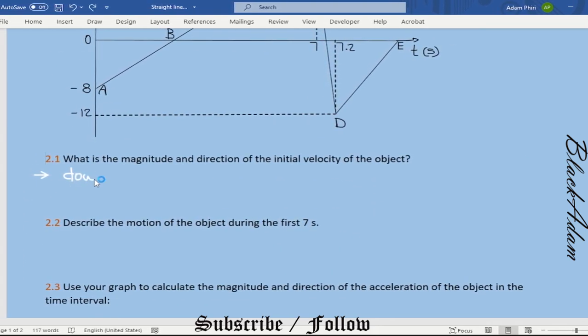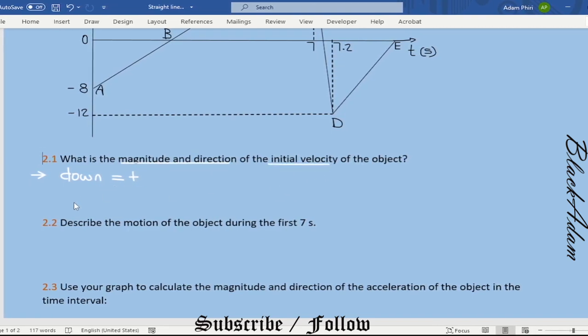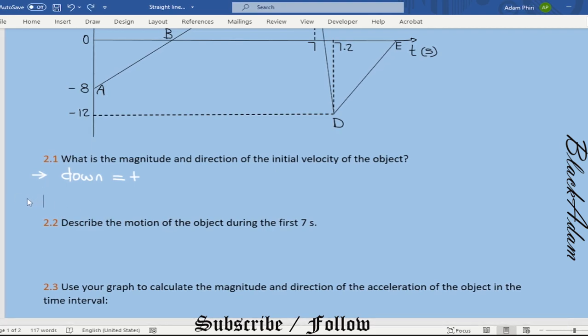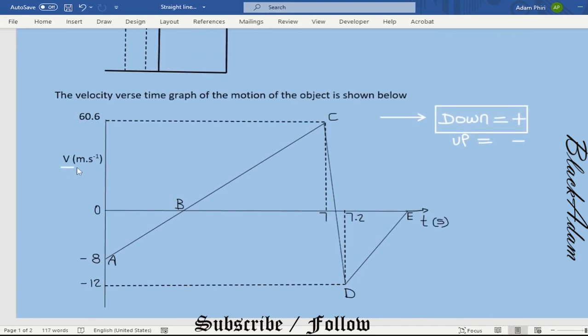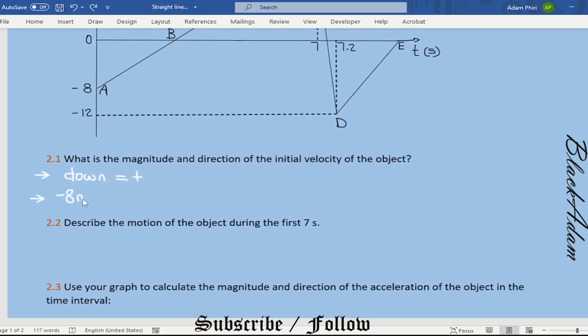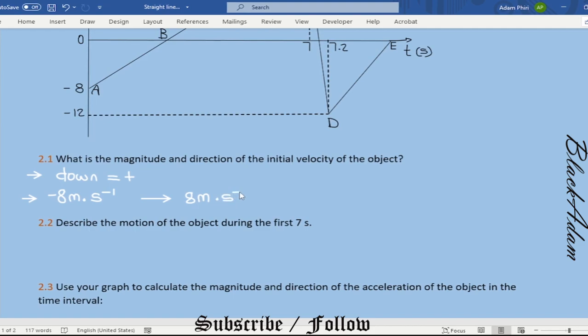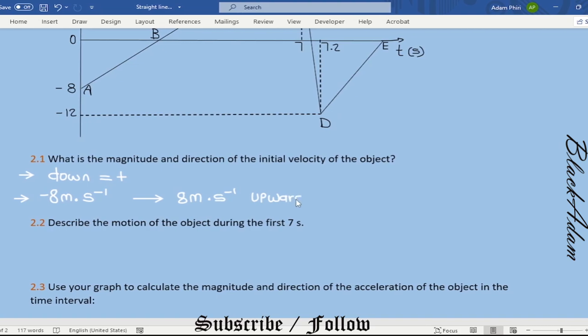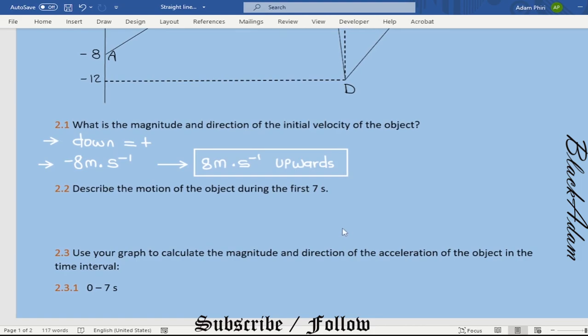So we need the initial velocity as it was projected upwards, which means we look at the initial path, and then we have upwards at negative 8. So it's negative 8 meters per second. Then we need to indicate the negative. What does it mean? It means it's upwards, so it's 8 meters per second upwards. As we said, down is positive, negative means it's going up.